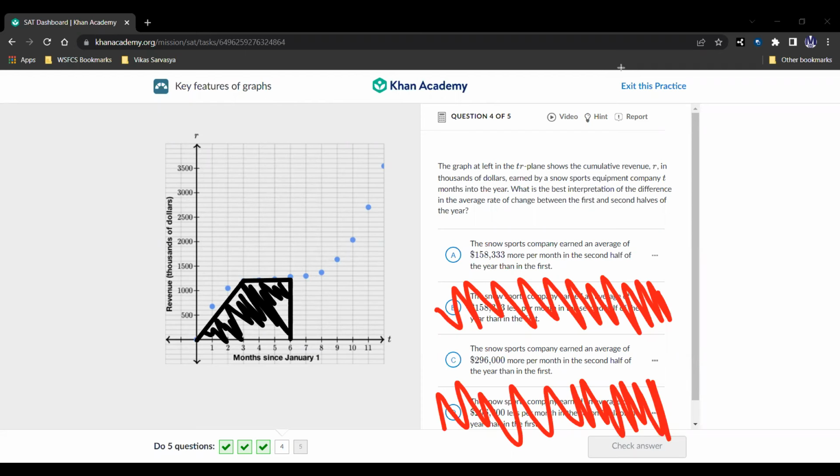And then right here, we have what kind of looks like something that roughly looks like that. All right, and we can section that off into a couple parts.